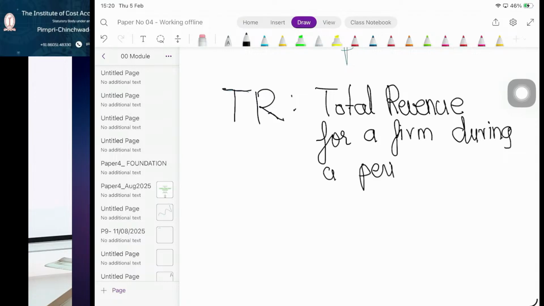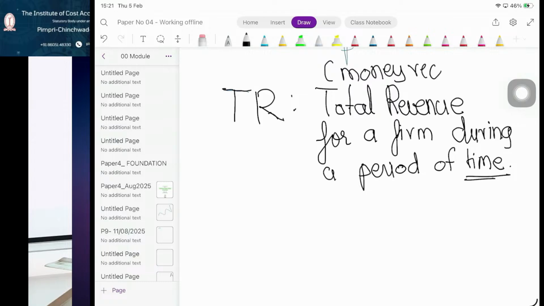Usually we can think of it as per month, per annum, whatever. Is it clear? Total revenue is money received from sale of goods. That will give us what is called the total revenue.